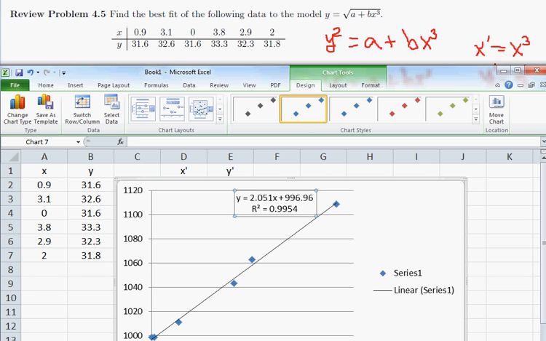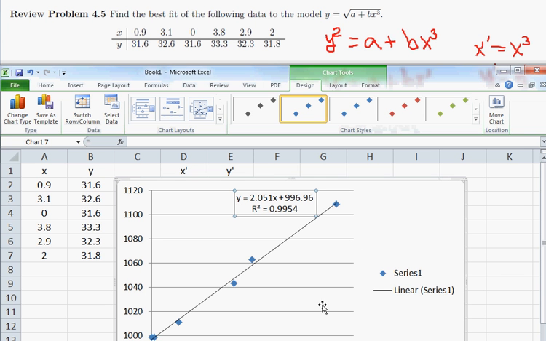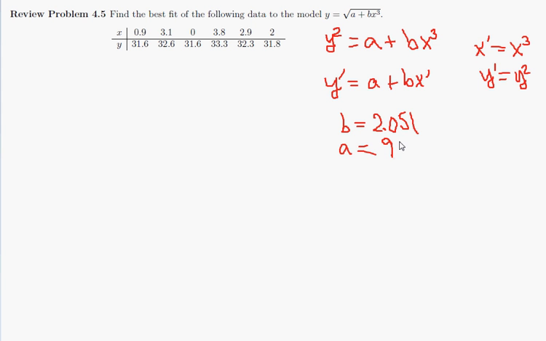So 2.051 is going to be the slope, and the intercept was 990 something, 996.96. So I just read off the values of a and b. There's no transformations that have to be done for these variables in this case.